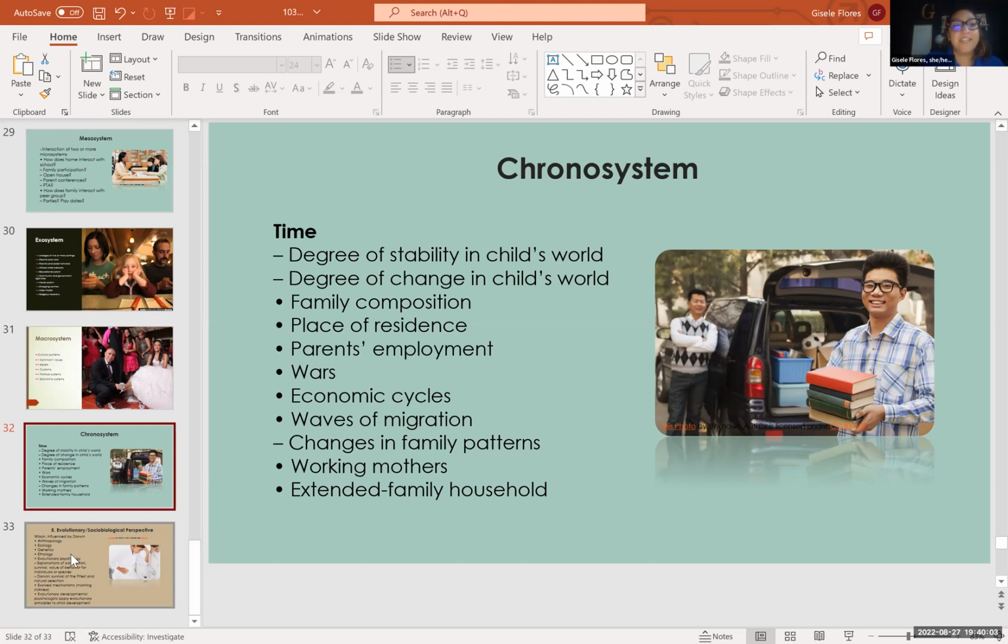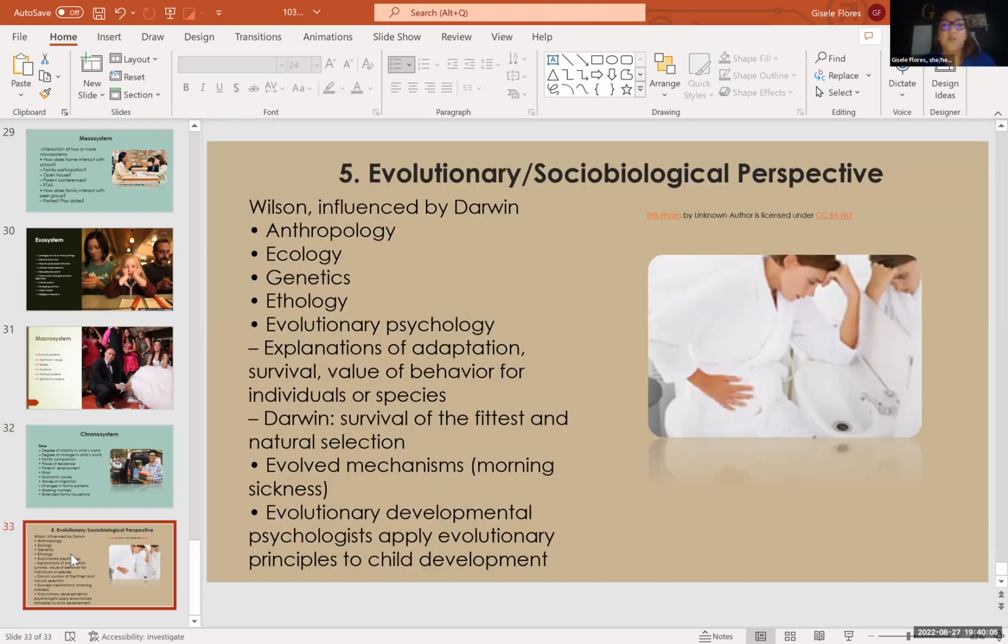And then lastly, your book doesn't cover this, but it's also important to consider evolutionary theorists like Wilson and Darwin. And when we look at evolution, we're looking at some of the changes that explain some of the survival and some of the characteristics that we see in young children and in even expecting parents. Such as morning sickness.